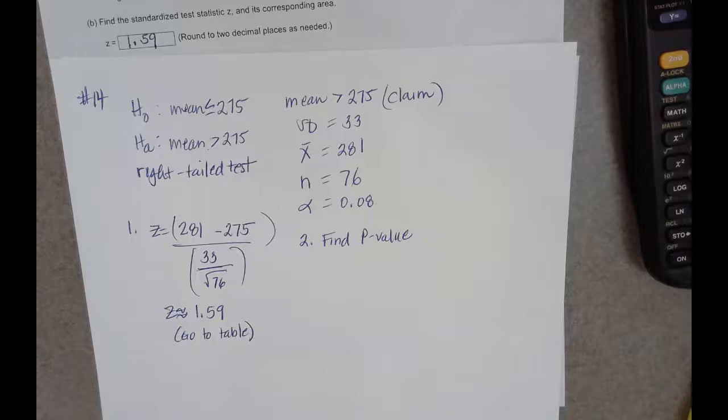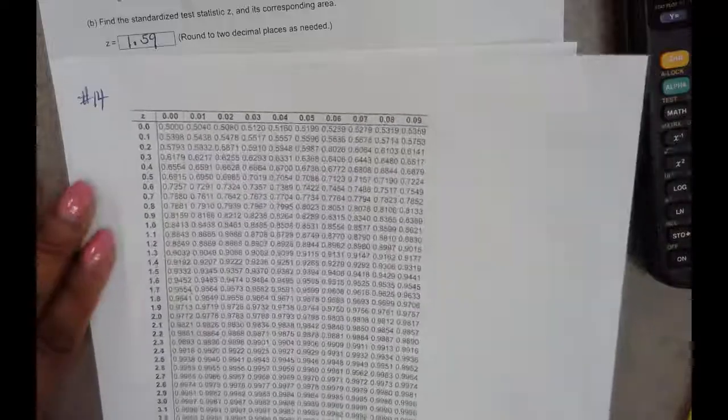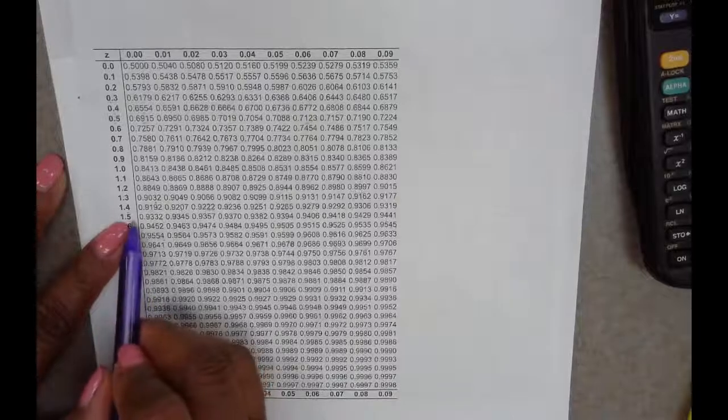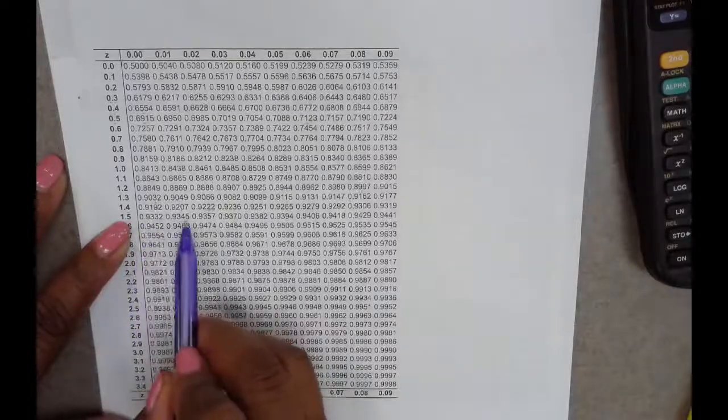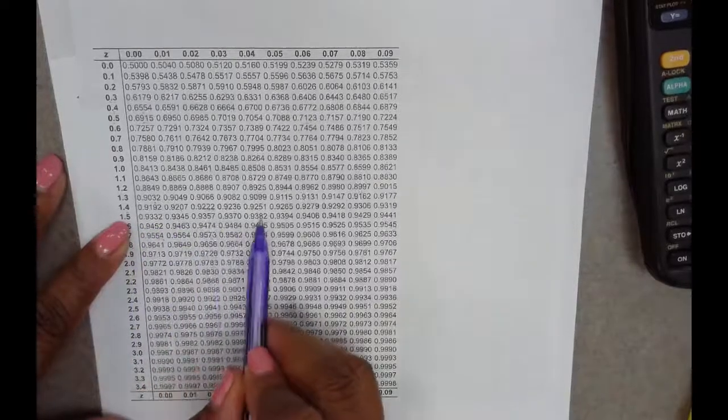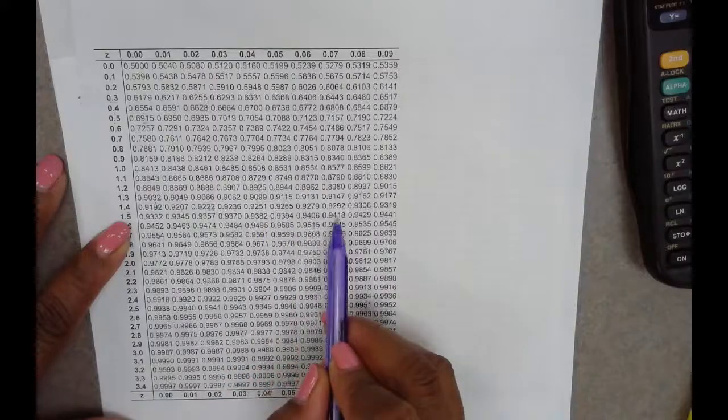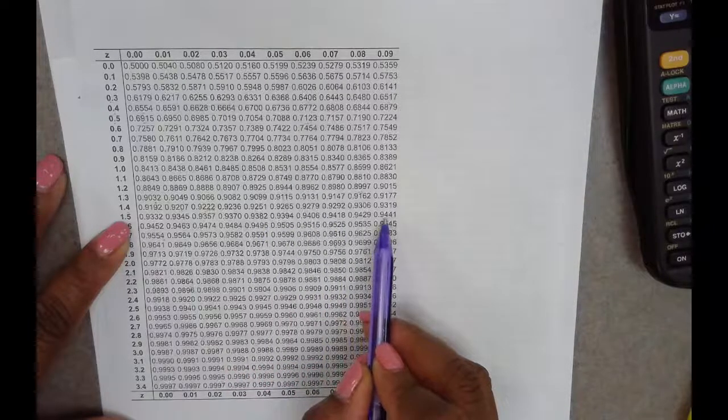And I'm looking for what probability corresponds to 1.59. Okay. Here's 1.5, 1.50, 5.1, 5.2, 3, 4, 5, 6, 7, 8, 9. It corresponds to 0.9441.